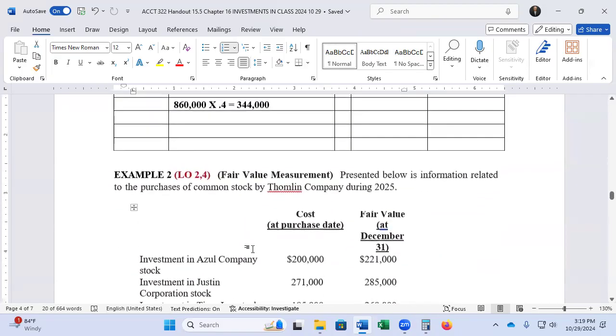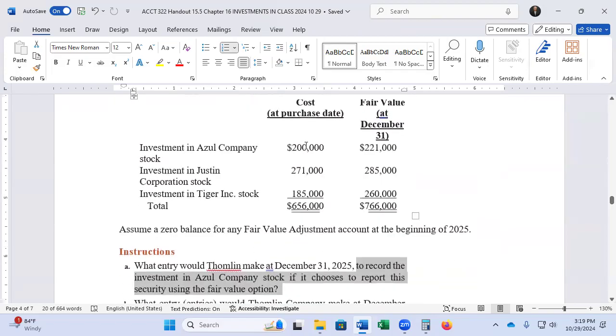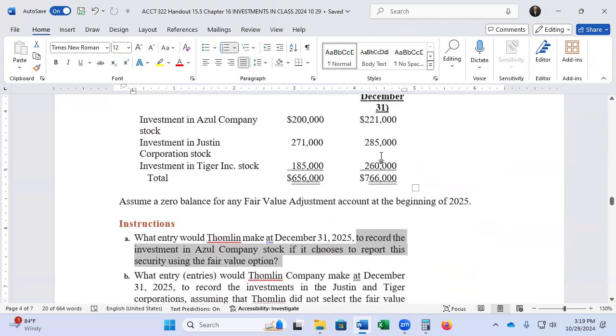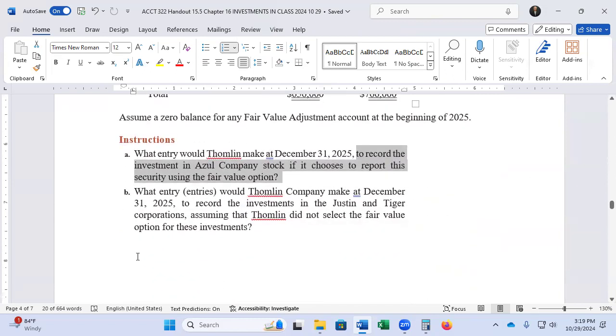So we've already got it on our books. It was invested at 200,000 and its current fair value is 221,000. So we look for our entry for gain. Oh, I'm sorry. This is an equity investment, right? Oh no, but they wanted to record it at fair value. All right.